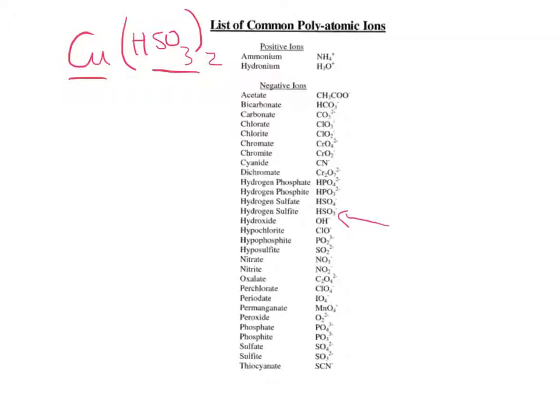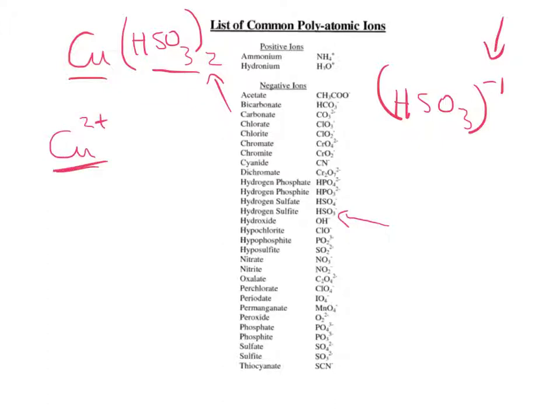It looks like it's a hydrogen sulfite. So just from this table alone, we know that a hydrogen sulfite ion overall has a -1 charge. The copper, we're not sure what the charge is, but if we know that this has a -1 charge, and if we know that there are 2 of them, that would mean that the copper must have a 2+ charge in order to exist with the 2 hydrogen sulfite units.